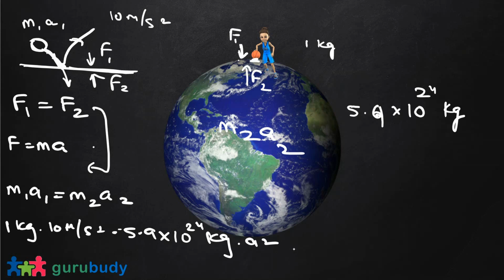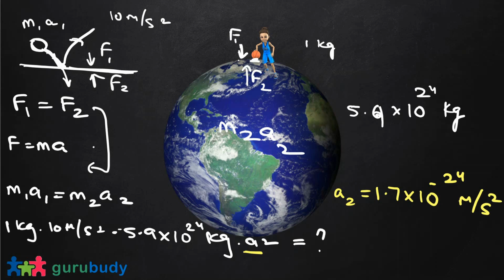Now what is this value? If you calculate a2 from this equation, it is pretty small: 1.7 times 10 to the power minus 24 meters per second squared. This value, 10 to the power minus 24, is pretty much zero. So the initial question, whether the earth will move with some acceleration: the answer is yes, there would be some movement of the earth, but the value is hardly anything.